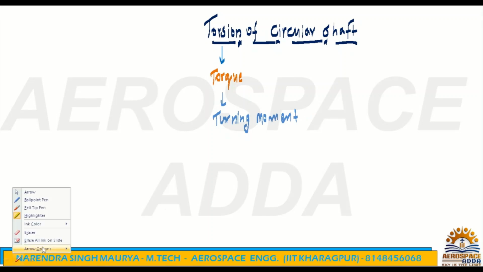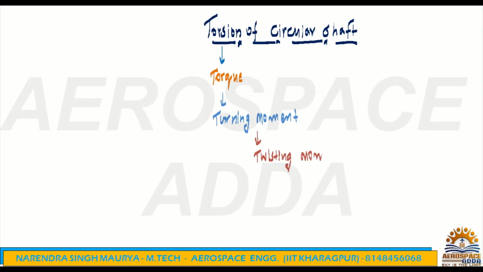These are different names, but the meaning is the same. And once this torque or twisting moment is subjected to the shaft, it is said to be torsion of circular shaft.